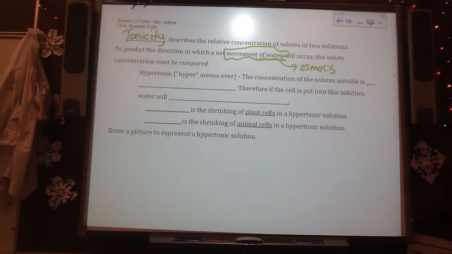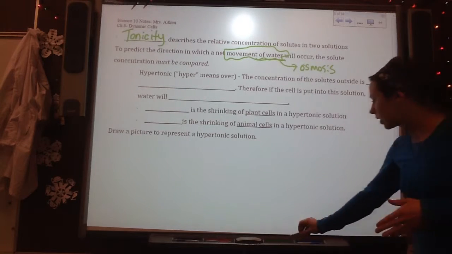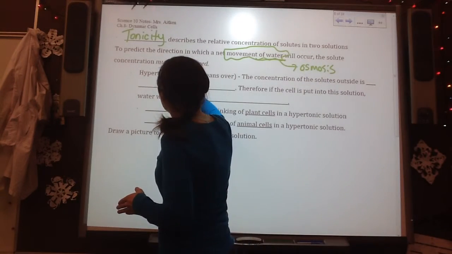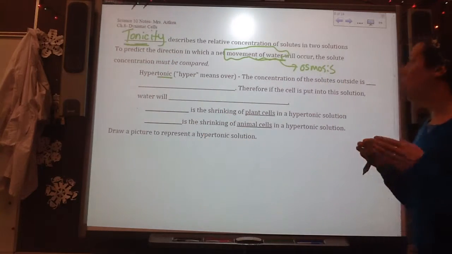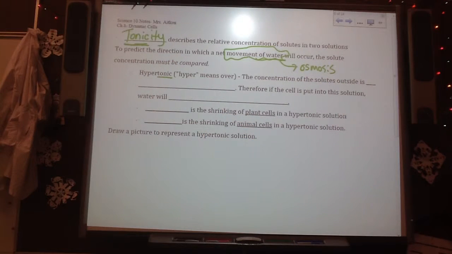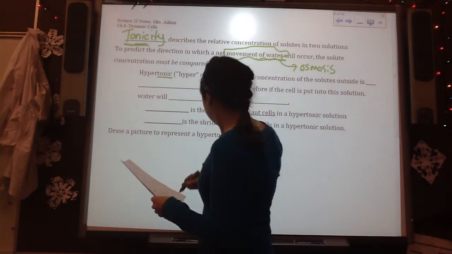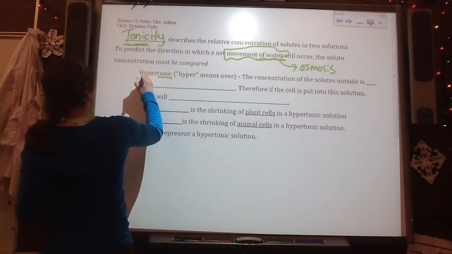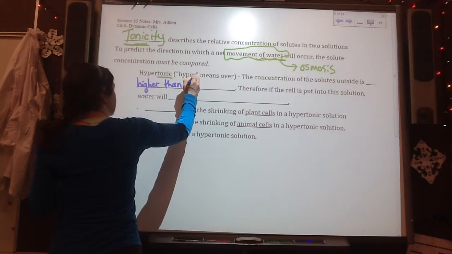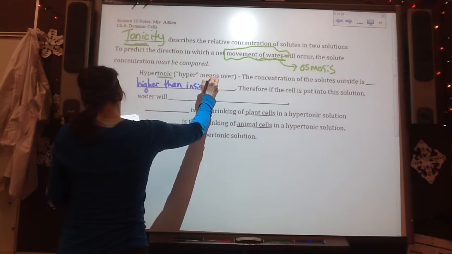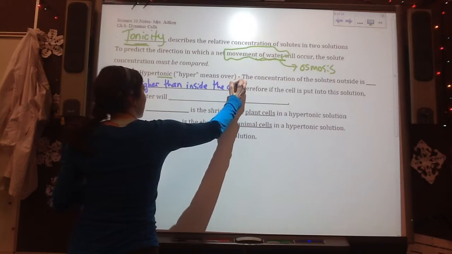Okay, now, hypertonic. A solution that is said to be hypertonic. So look at this root word, tonic. So that's where that's coming from. Okay, so hyper means like over the top, too much. The concentration of the solutes outside is higher than inside the cell.